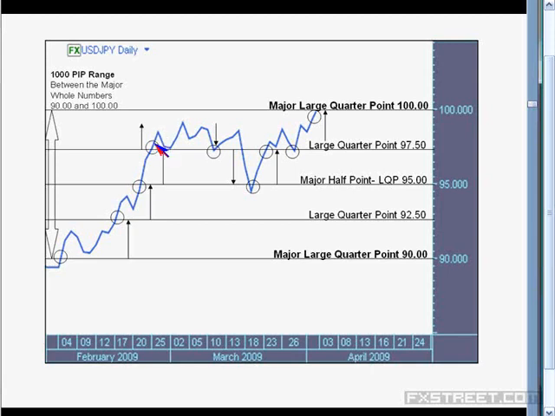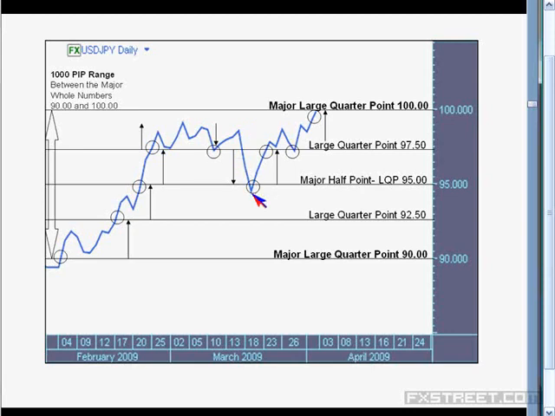As you can see, they even surpass the 97.50 large quarter point, pull back, don't break below 97.50, make another attempt, unsuccessful, pull back to the preceding large quarter point, and make a third attempt to complete the large quarter. Finally, after 3 unsuccessful attempts, the final large quarter of the 1,000 pip range between 90 and 100 yen is not successfully completed.